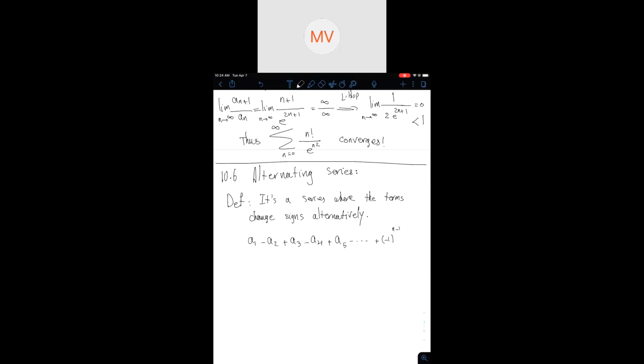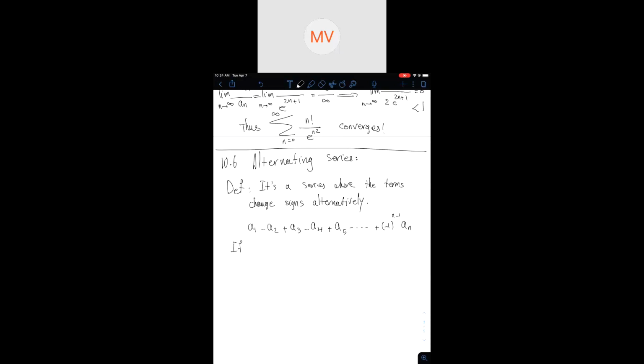So in general, you have (-1)^(n-1) a_n. If a_n itself is bigger than or equal to 0, all you have to do is put (-1)^n a_n, starting from 0 to infinity, and that is an alternating series.